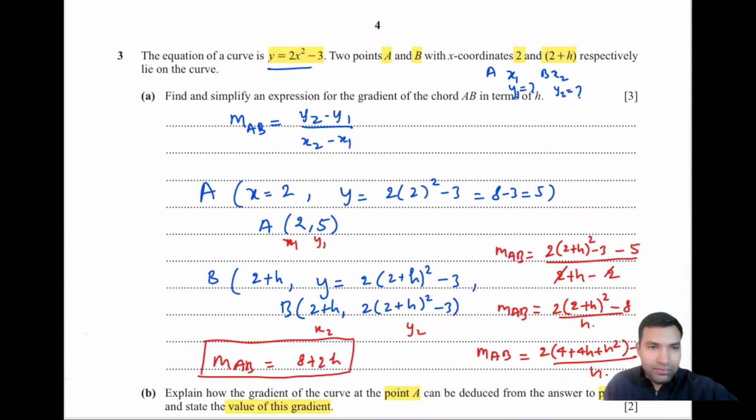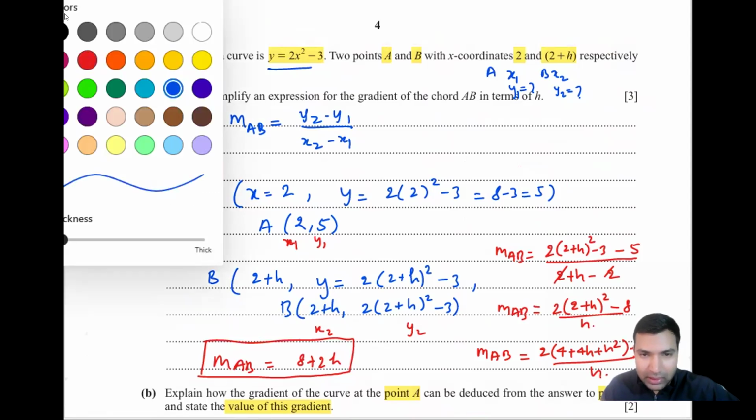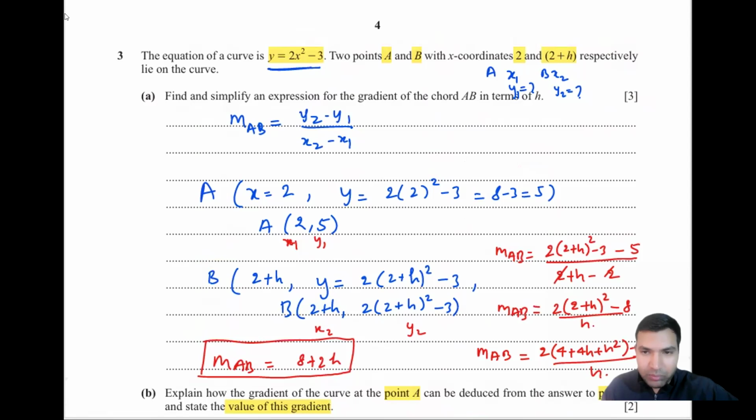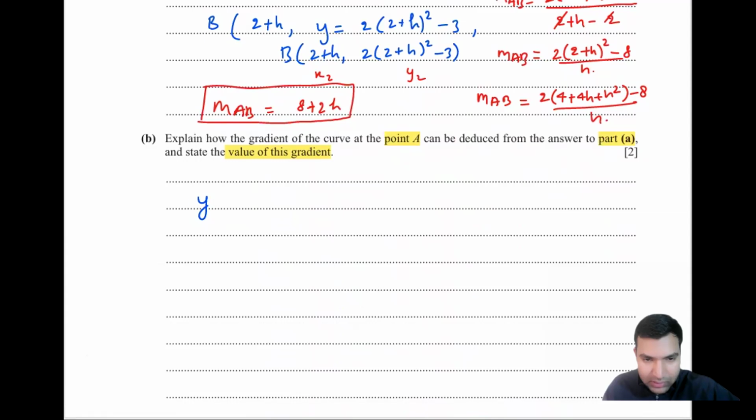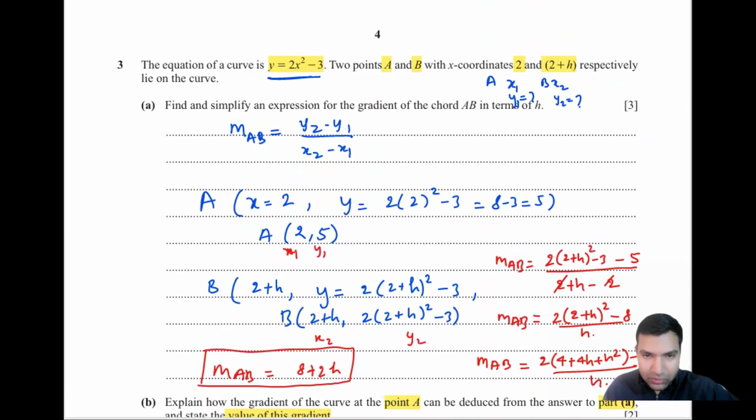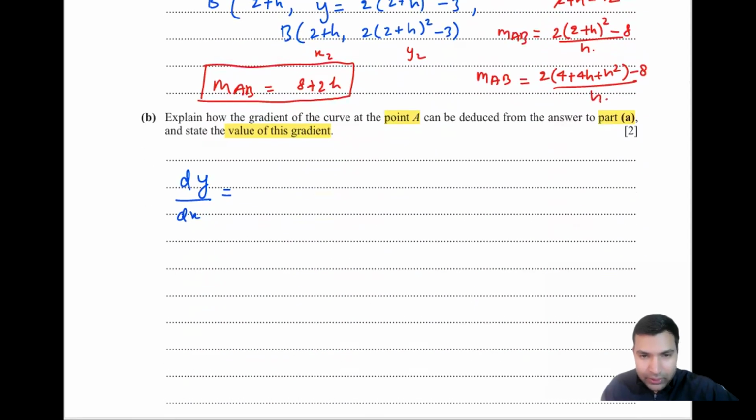Now, how do we usually find the gradient? How do you basically calculate the gradient? The curve is given, at point A the x coordinate is given. So what most of the students will do is find dy by dx. If you differentiate this function 2x squared minus 3, the derivative will be 4x.